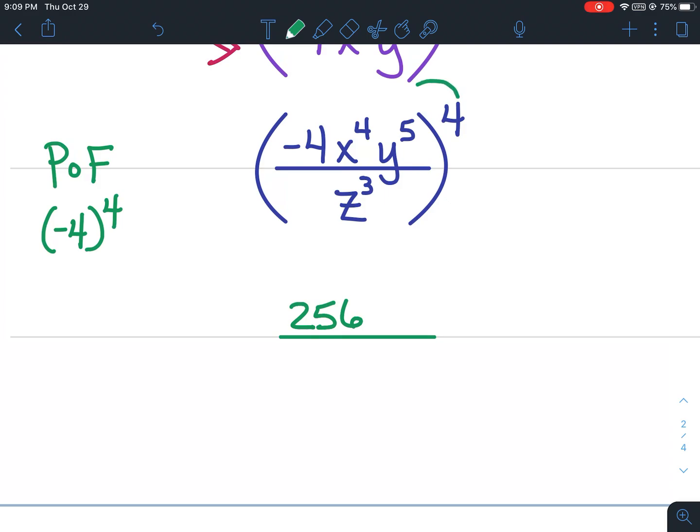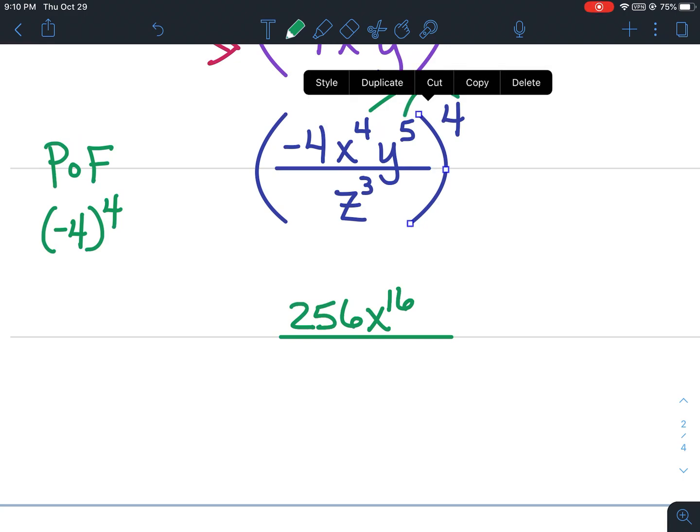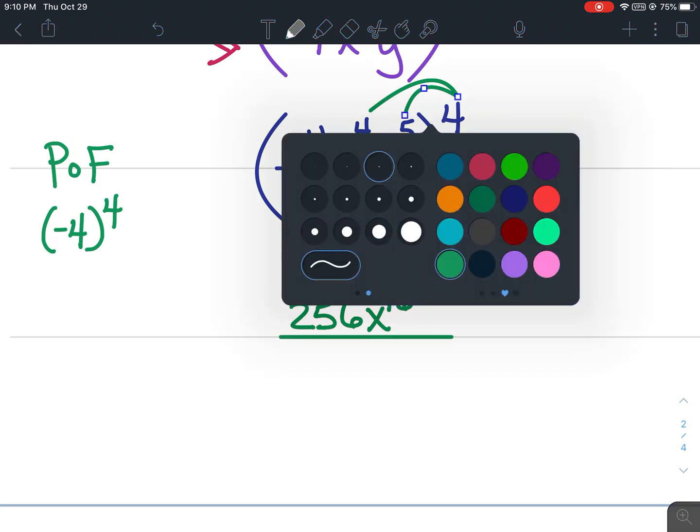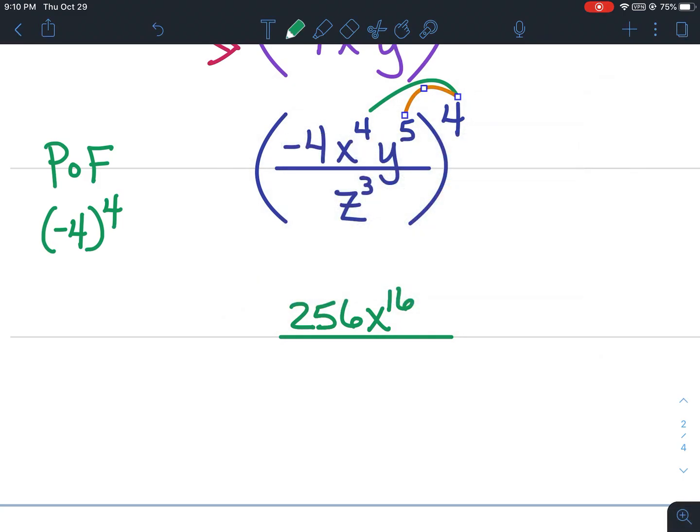And now I multiply my exponents. 4 times 4 would give me x to the 16th. Four times 5 would give me y to the 20th.